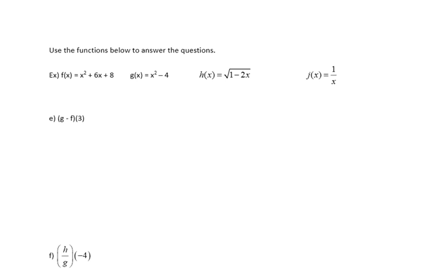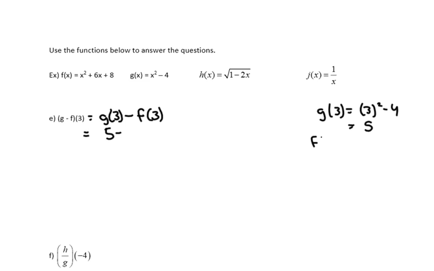Okay, now what I would like to do is plug in actual numbers for this. When I plug in a number, I would expect to have some sort of number coming out. So let's take a look at g minus f of 3. Again, all I'm going to do is rewrite it as g of 3 minus f of 3. Now, g of 3 I'm going to do on the side. Plug in, that's 3 squared minus 4. Well, 3 squared is 9, minus 4 is 5. So g of 3 is 5. Let's do f of 3.